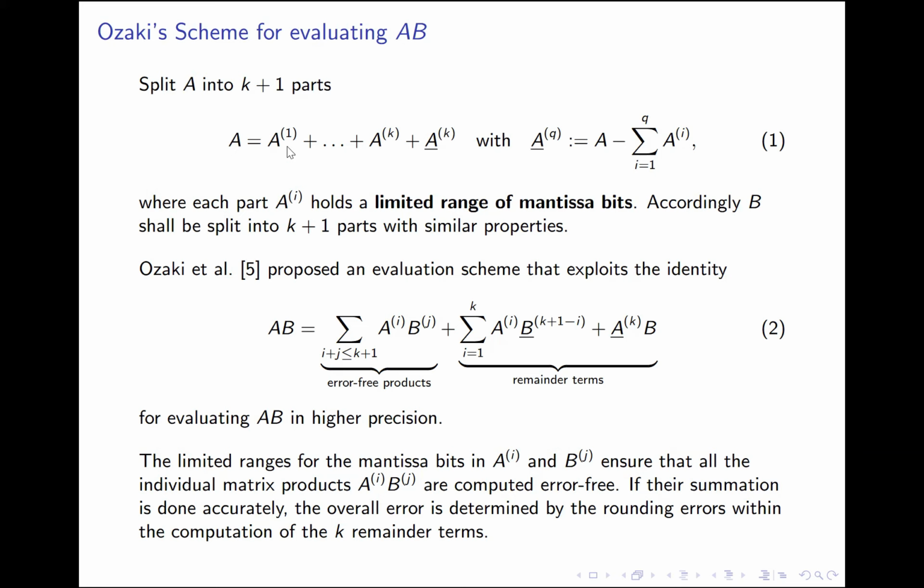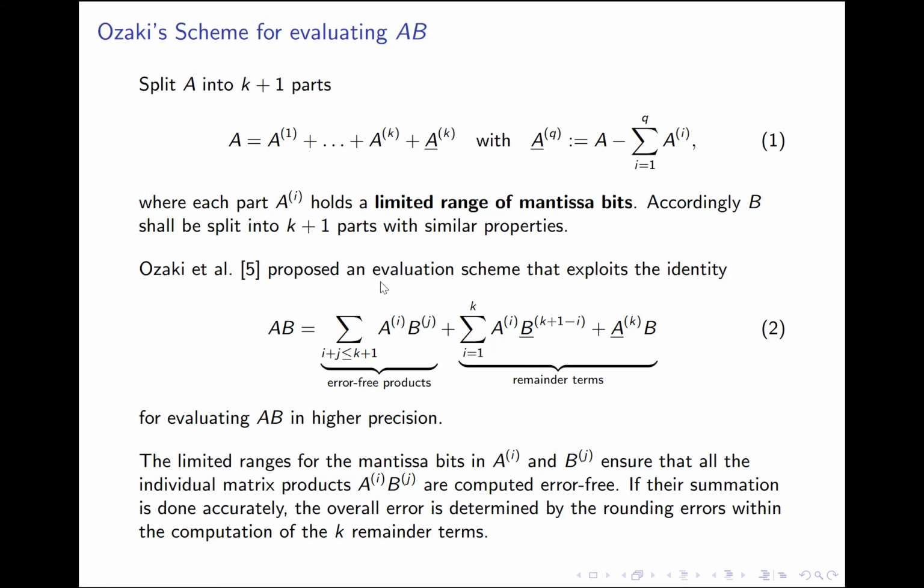A1 is the most significant part, and A_k is the least significant part. This is done in such a way that all these parts have a limited range of mantissa bits, and this is chosen in such a way that the individual dot products of the parts of A and B, so A_i times B_j, can be evaluated using floating point arithmetic without introducing rounding error.